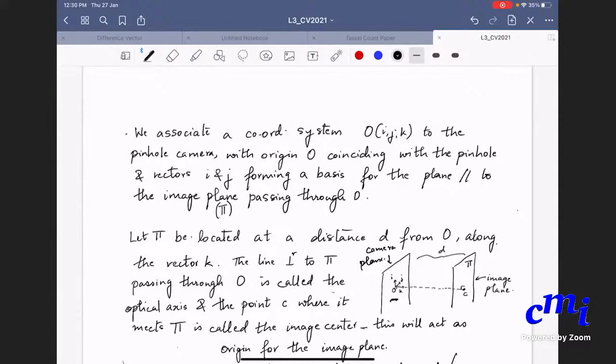The vectors I and J form a basis for this plane. The image plane, which I'm calling phi, lies at some distance in the direction of the vector K. That is the setting. So phi is located at a distance, let's say D, along this vector K.